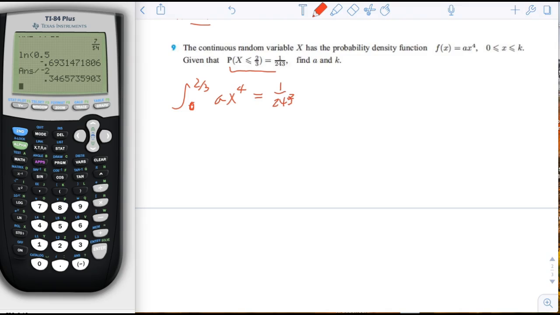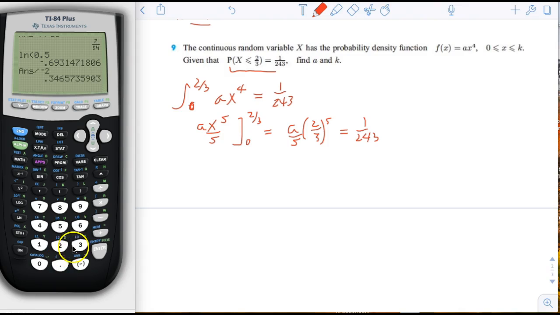Okay, all right. So first we can solve for a just from looking at this, right? So let's take the integral. It'd be x to the fifth divided by 5. We're going to integrate from 0 to 2/3. Then it's going to be a times (2/3) to the fifth divided by 5 minus 0, and that's equal to 1 over 243. I think 3 to the fifth is going to be 243.